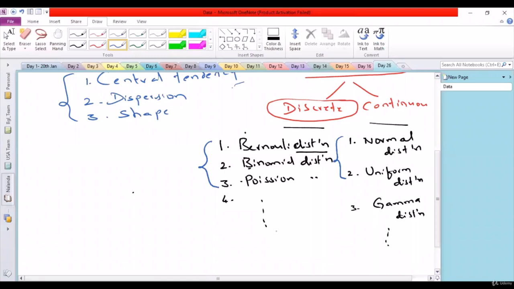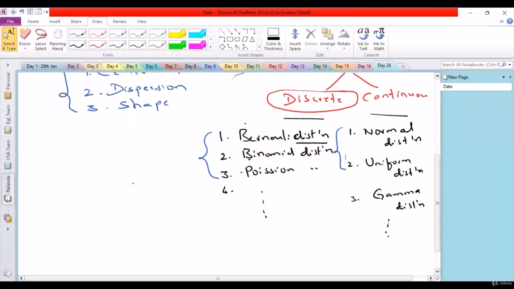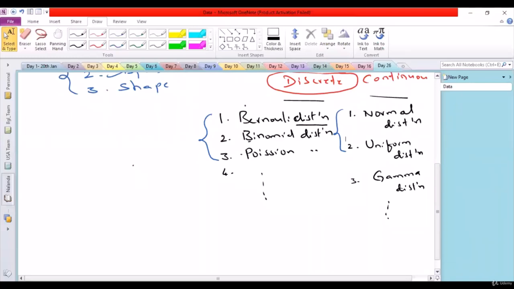Now the question comes, why should I study these distributions? This is where we step into probability.